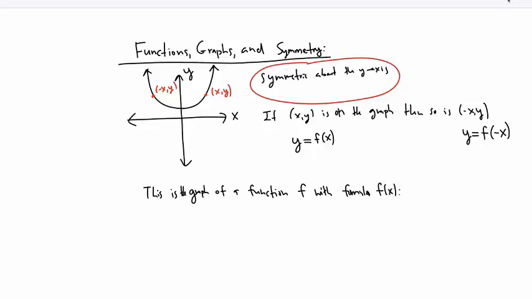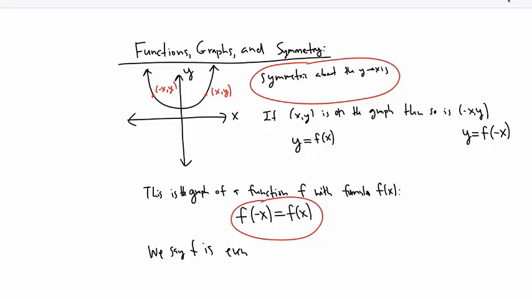So what we have is that symmetry about the y-axis guarantees that f of minus x equals f of x. And we say f is even. F is an even function if this happens.